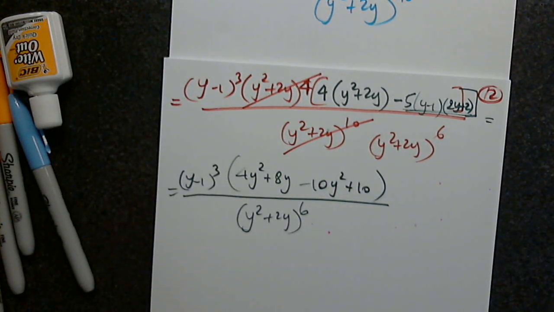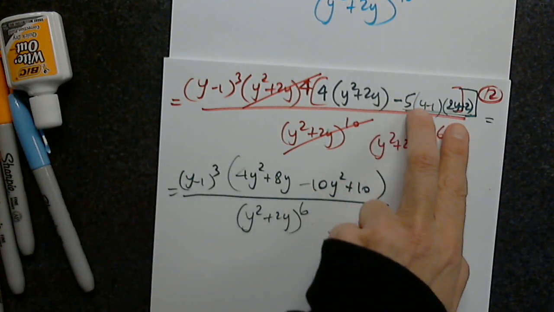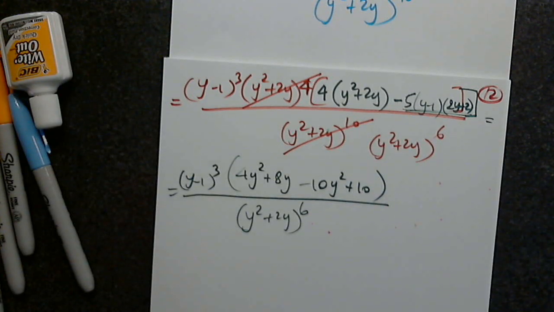But I'll wait for you to calculate that. So I pulled out the 2 only because it was easier for me to multiply y minus 1 by y plus 1, which is y squared minus 1. And then I have to distribute negative 10. And that's how we get negative 10y squared plus 10. Do you agree with this? Do I need to show any intermediate steps?